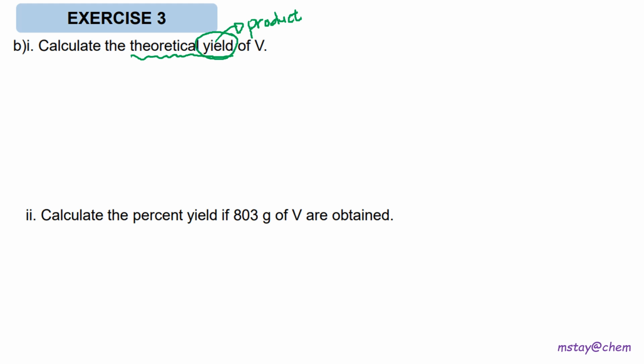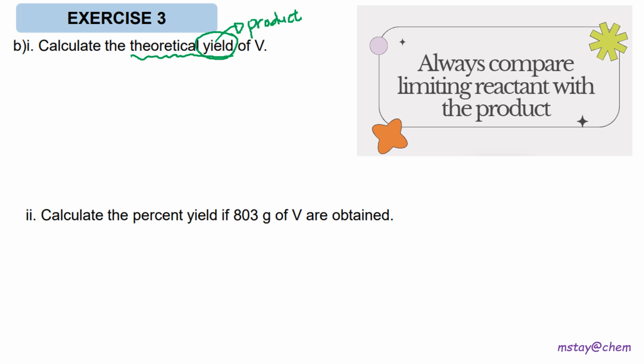So that's why we always compare the limiting reactant with the product. According to the question, 1 mole of vanadium 5 oxide, as it is the limiting reactant, will produce 2 mole vanadium.